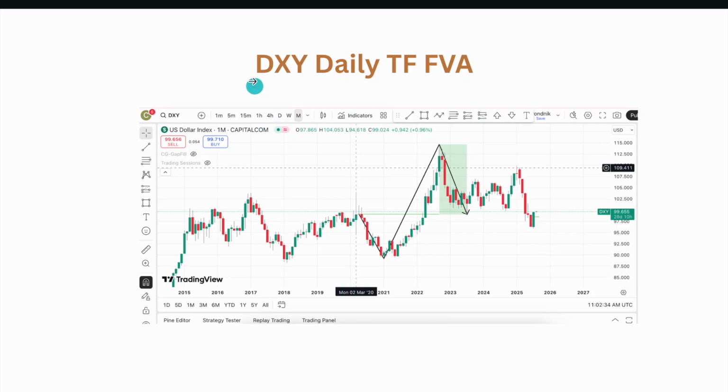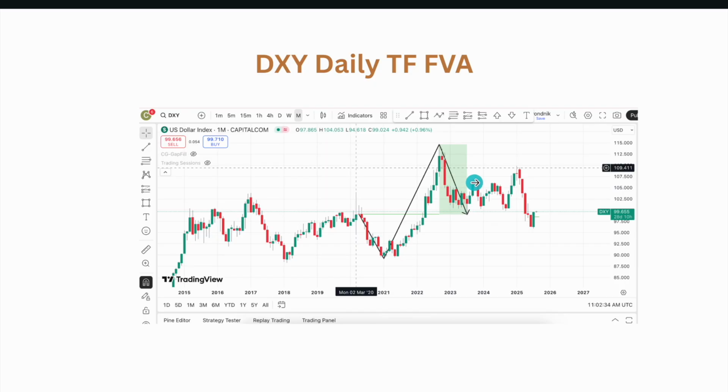Let's dive into the daily dollar time frame to find the fair value area. In this scenario, price is consolidating, then it reached the lower swing low and started a bullish journey. Then it returned again to the previous price level and started to go up.